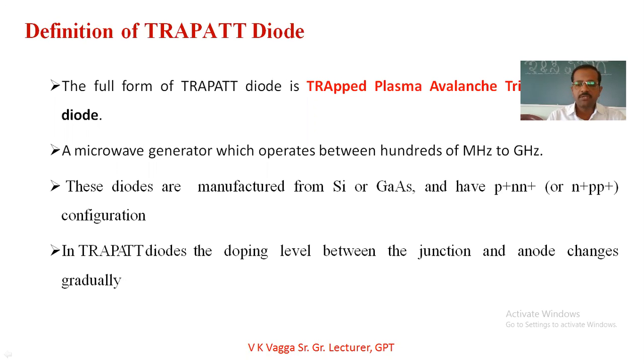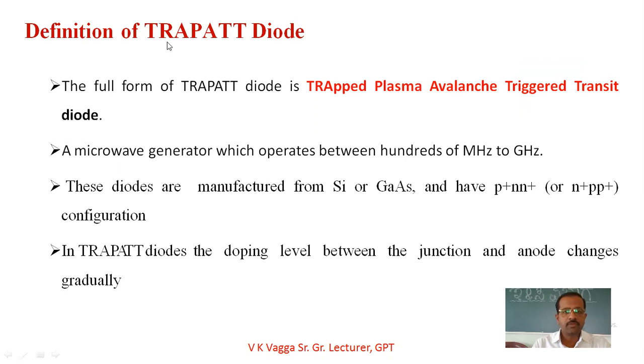If you take the full form of the TRAPATT diode, it is trapped plasma avalanche transit diode. In the case of the IMPATT diode, it is impact ionization avalanche transit time.